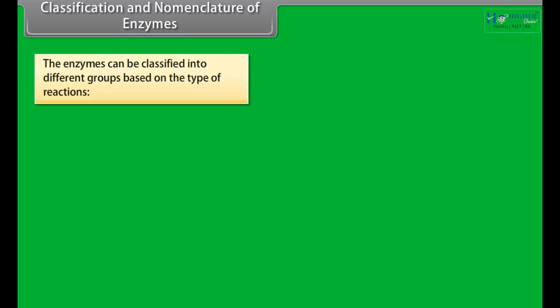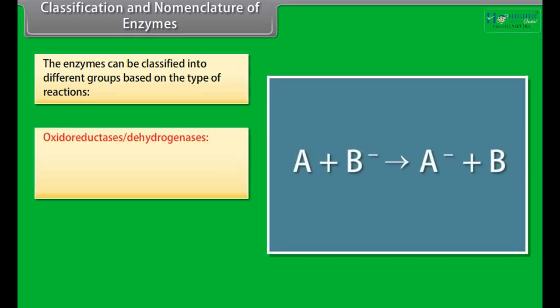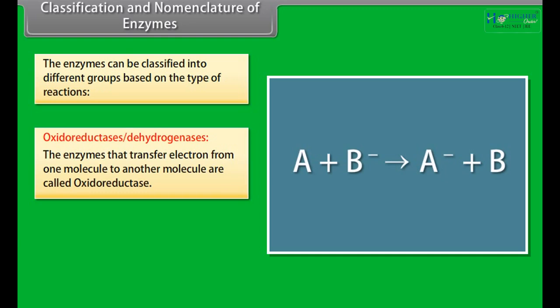Classification and nomenclature of enzymes. The enzymes can be classified into different groups based on the type of reactions. Oxidoreductases or dehydrogenases. The enzymes that transfer electrons from one molecule to another molecule are called oxidoreductases.